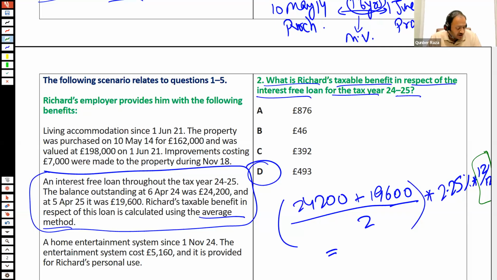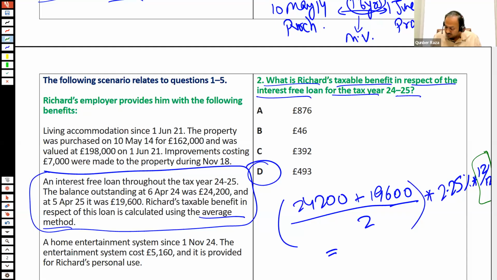It will only be changed if the loan is taken out during the year or the loan is completely repaid during the year. Otherwise, if the loan exists at the start of the year or at the end of the year, then needless to say, this will remain 12 upon 12. So there will be no change in that.